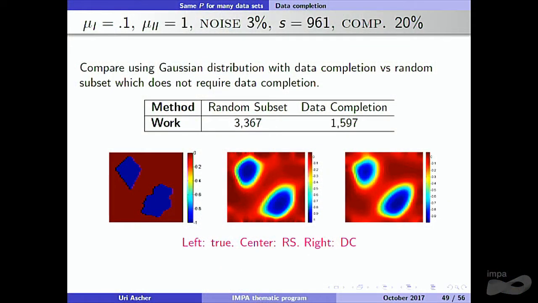Okay, so this one does not involve any data completion. This one does. And this is the Gaussian distribution, and you can see that the Gaussian distribution converges faster, usually by a factor of 2.5 better. But we have to make sure that the result is still good with the data completion. That is the point of this talk. Okay, so for 20% we get very good results. Data completion justified.